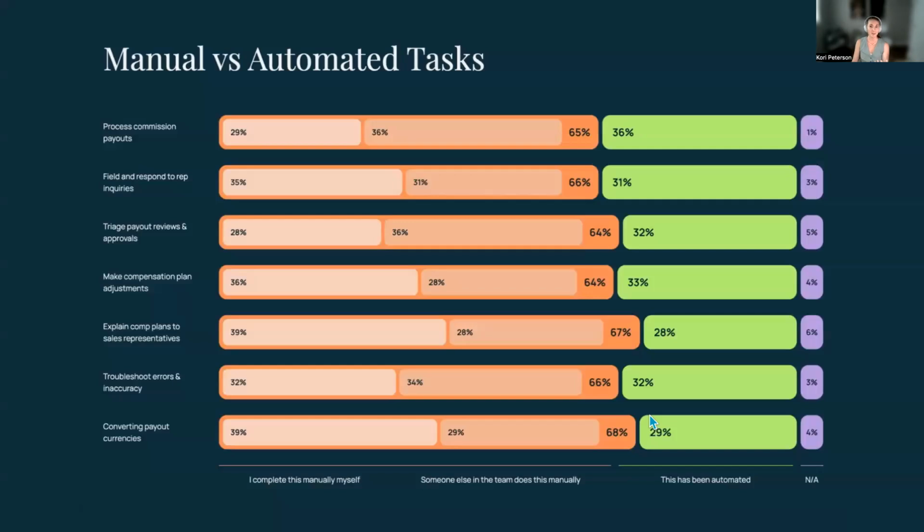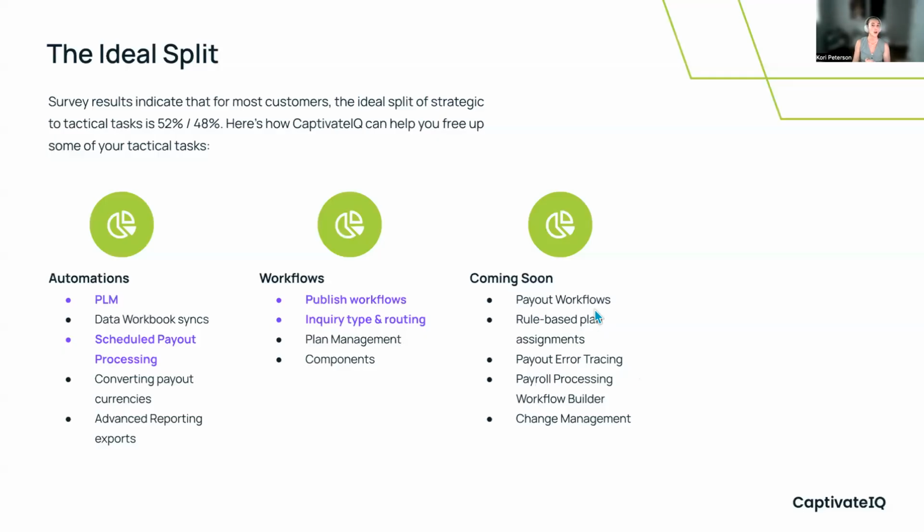So again, if we look back at this graphic, I think tied for second or third, a top thing that people are wanting to automate is the troubleshooting of errors and inaccuracies. So a couple ways that we're planning on handling that.